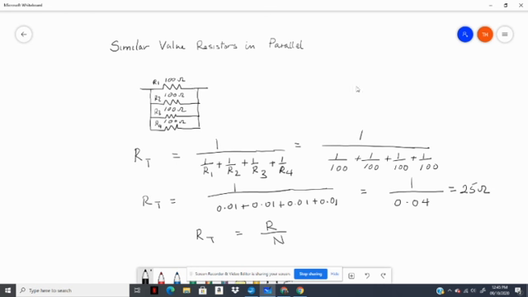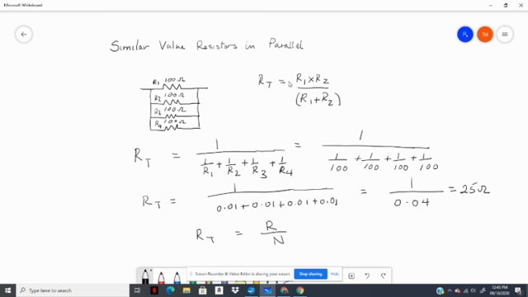Remember, there's a formula for two resistors in parallel, where R total is equal to R1 times R2 divided by R1 plus R2.